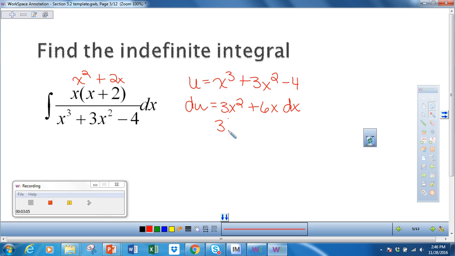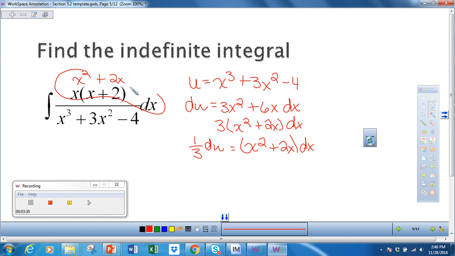I can factor out 3 and get x squared plus 2x dx. Now, that certainly looks similar to what I have. Once again, I have to divide by 3 just to get this times dx by itself. So I get 1/3 du is equal to x squared plus 2x dx.